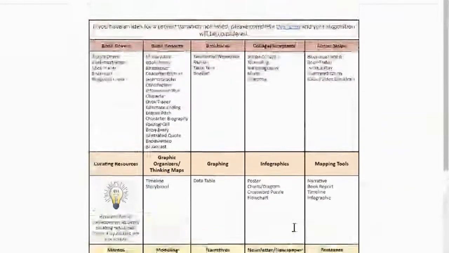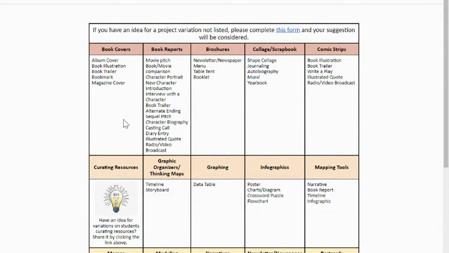So underneath each of these, what we wanted to do is think of different ways that you could create something similar. This would not only help you see that if what you wanted to create was a flowchart, you might be able to use the infographics step-by-step instructions and just modify it a tiny bit for that type of project.